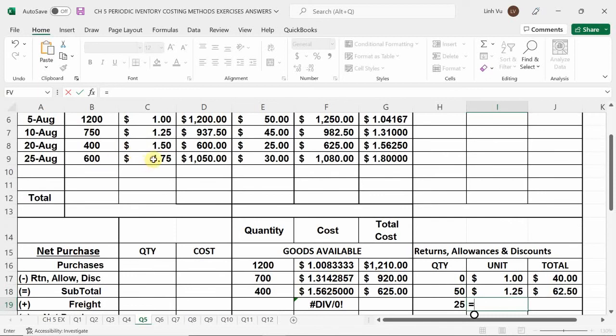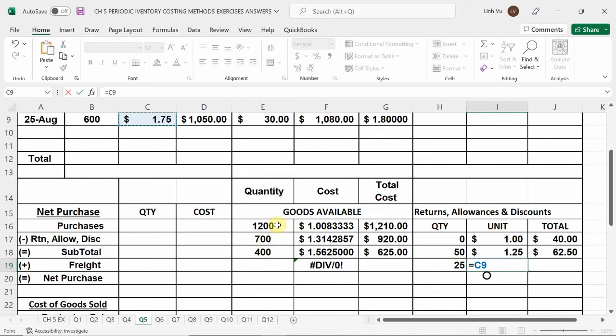Yes, so the assumption is that any return is usually going to be within the first couple days of your last purchase, right? Because the first rule of thumb is, as soon as you receive the inventory, your job is to open up every single box to check, number one, if the vendor sent you the correct product, but also sent you the correct amount.